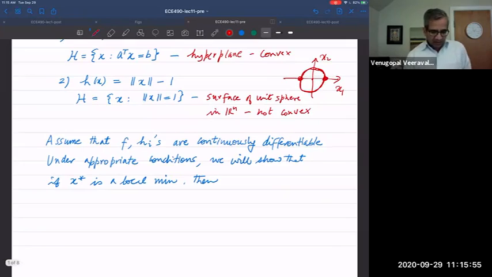Okay, so now let's assume that the f's are not just continuous, but f's and the hi's are continuously differentiable.